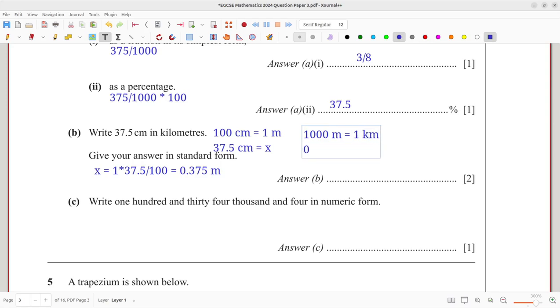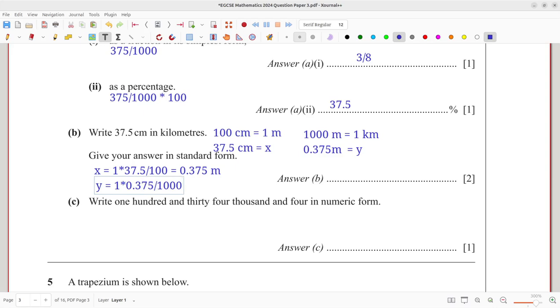Then 0.375 meters to x. And then let's put y for interest sake. Then your y is going to be equals to 1 times 0.375 all over 1,000.